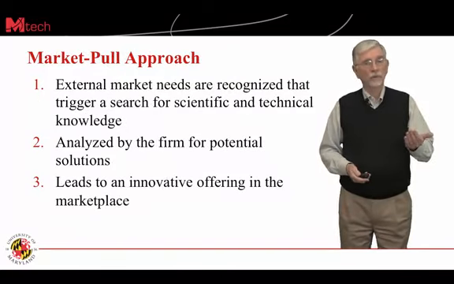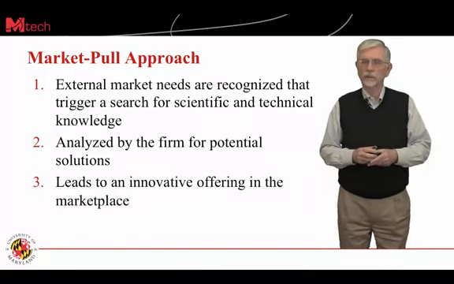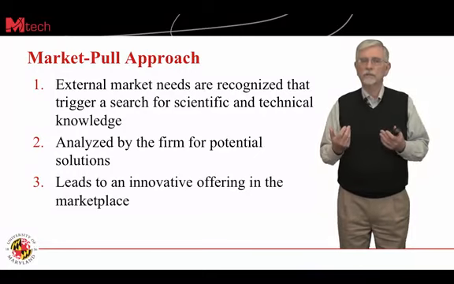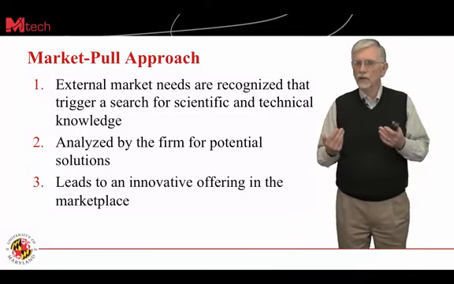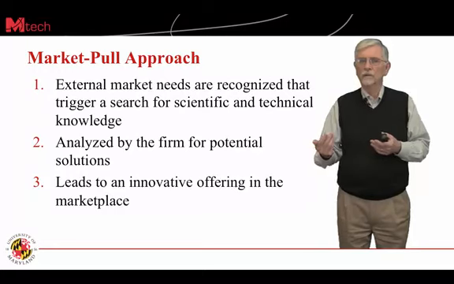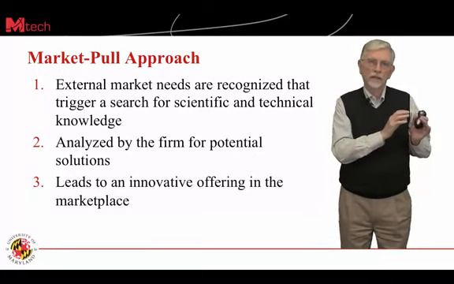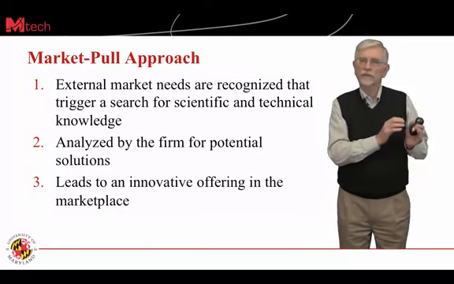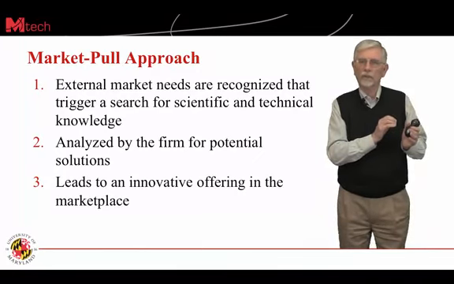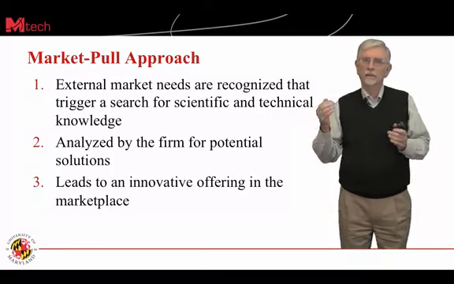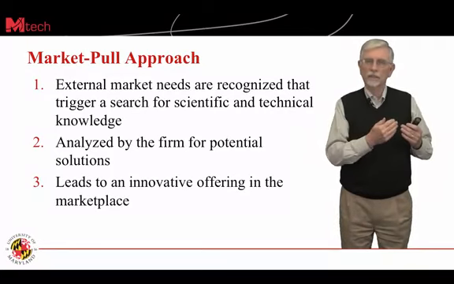And market pull, again, develops just the other way. You start with understanding external market needs. You recognize them as a trigger for possible search to technology and scientific knowledge that might be a way to help solve that problem. But you're really starting with external needs and marketplace needs.